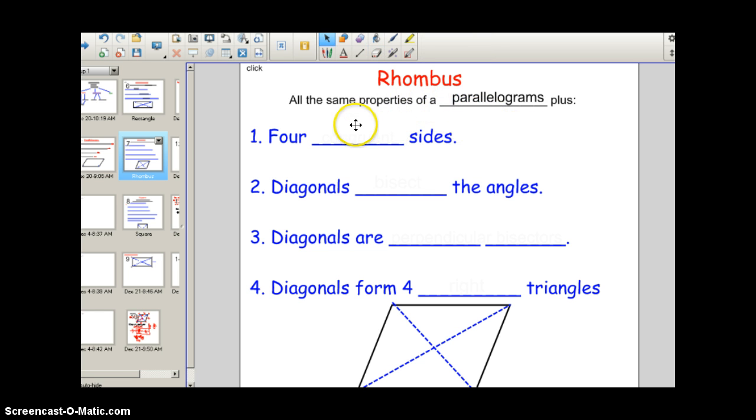So we have all the properties of parallelograms. We have 4 congruent sides. We have diagonals that bisect the angles. Our diagonals are not only bisectors of each other, but they're perpendicular bisectors because they form right angles. And because of that, our diagonals form 4 right triangles.